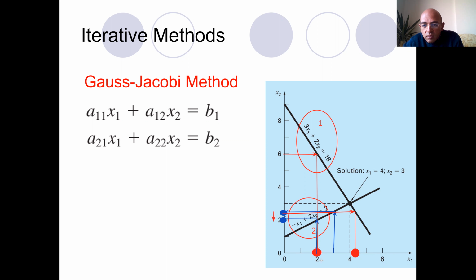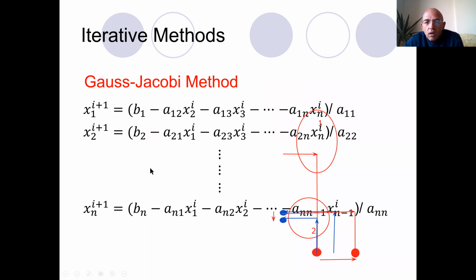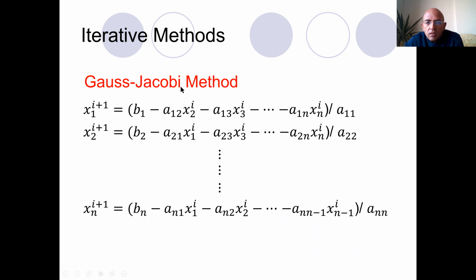So this is the basis of the Gauss-Jacobi method. So how is the formulation then? We have approximations for all the unknowns, and we take out one of the unknowns and make a better approximation for it by using the values of the rest, simply.